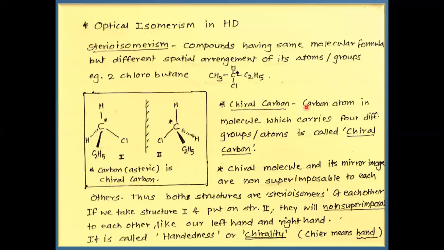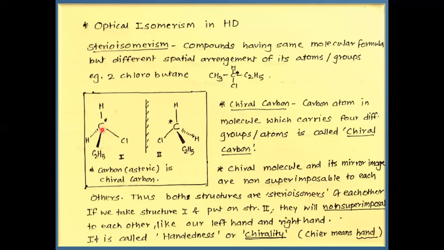So what is the definition of chiral carbon? A carbon atom in the molecule which carries 4 different groups or atoms is called a chiral carbon. A chiral molecule and its mirror image are non-superimposable on each other. A chiral molecule and its mirror image have a non-superimposable object-mirror image relationship.